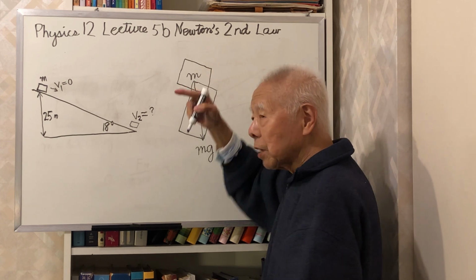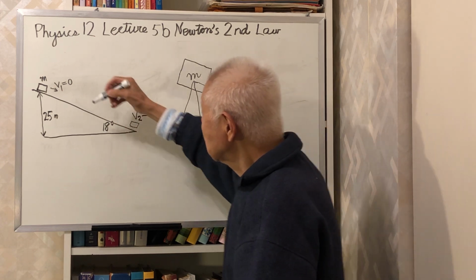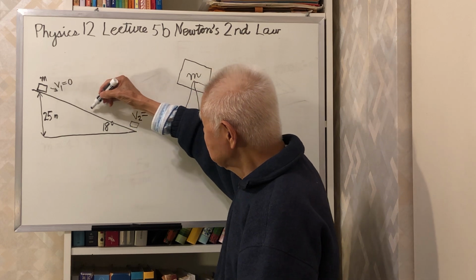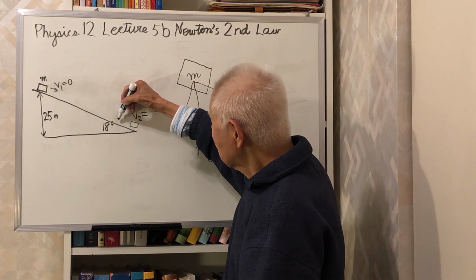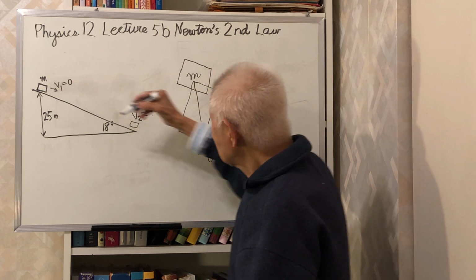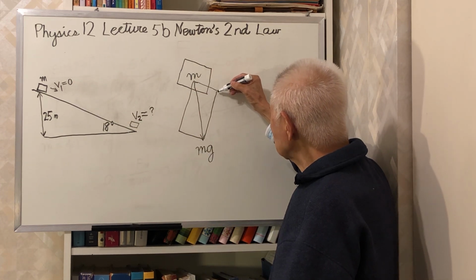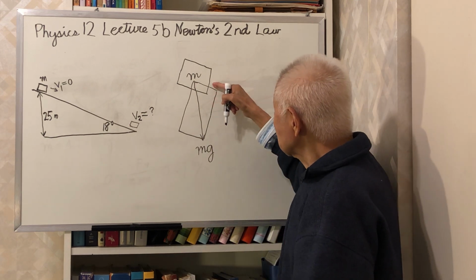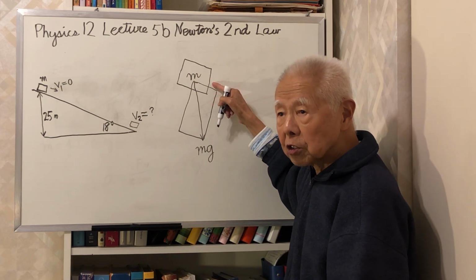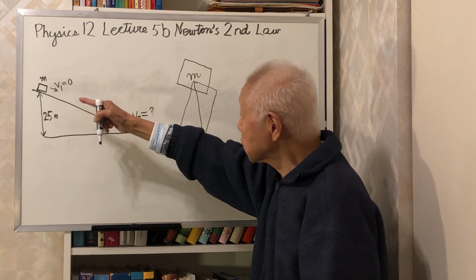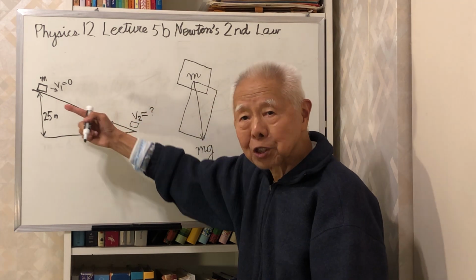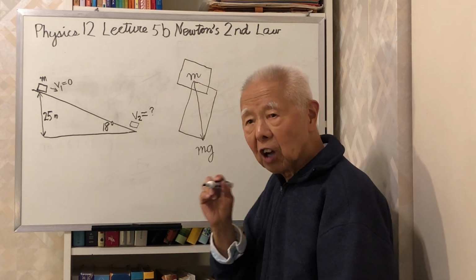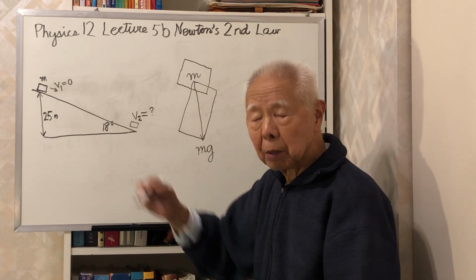What components do I need? Look here. This box will slide in this direction. This component is in this direction. Therefore, this component is the force which causes the block to slide down. But this component is not the force to cause the motion.